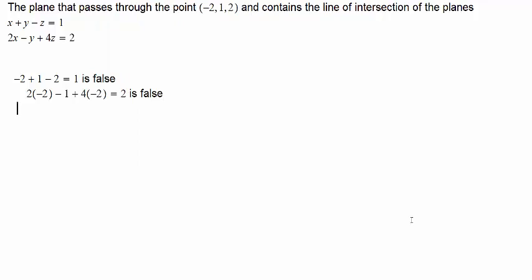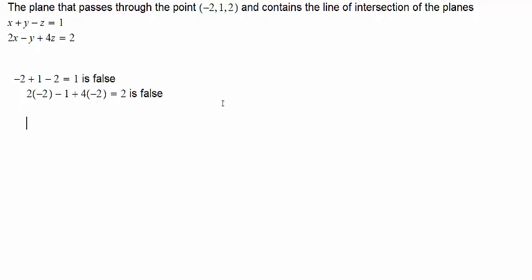So our next strategy will be to go ahead and find 2 points on the intersection of these two planes. Okay, and then we will have a plane through 3 points. So let's just go by a very basic way.